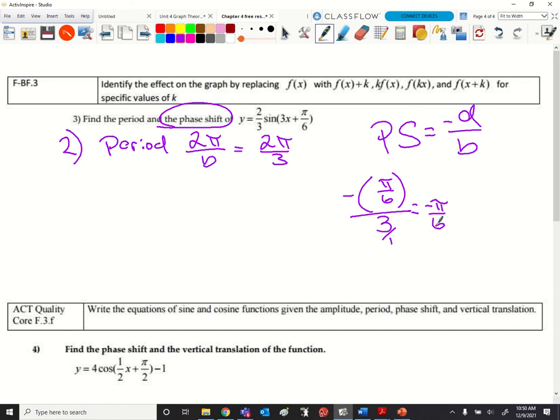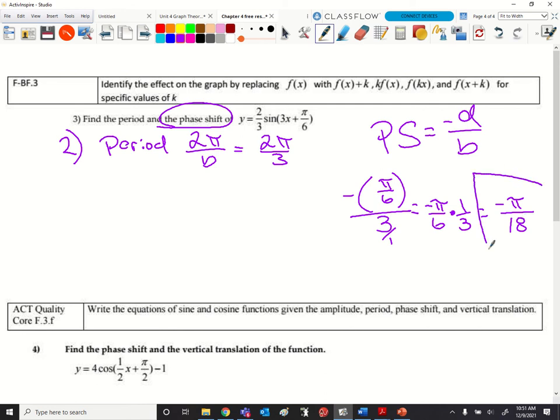You're just changing it into a fraction. Fraction over fraction, multiply by the reciprocal. So I always flip the bottom. So right here it's 3 over 1. It's divided by 3 over 1. Now it's going to turn into a multiplication of 1 over 3. Very good. So my phase shift in this case, I multiply straight across. Negative pi times 1, negative pi, over 6 times 3. 18. Yep.